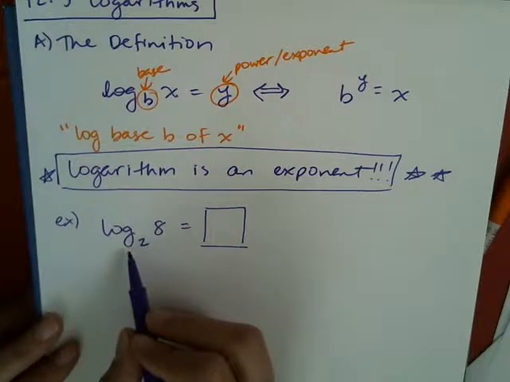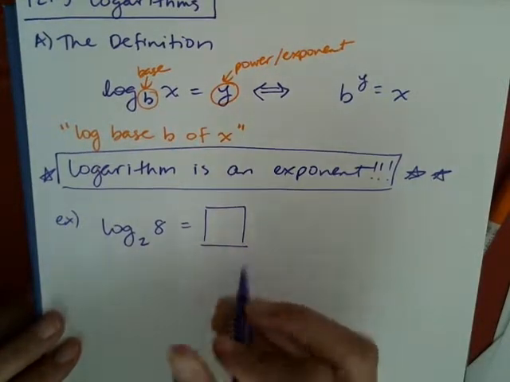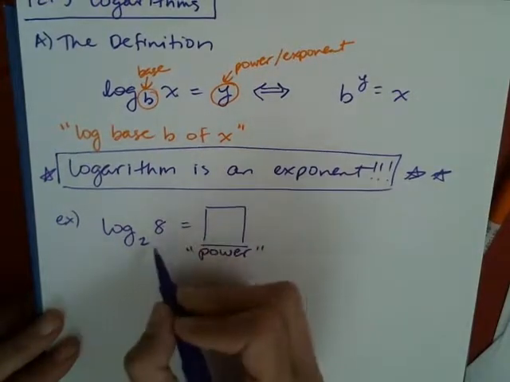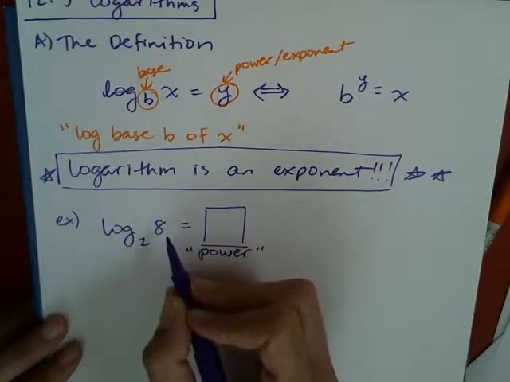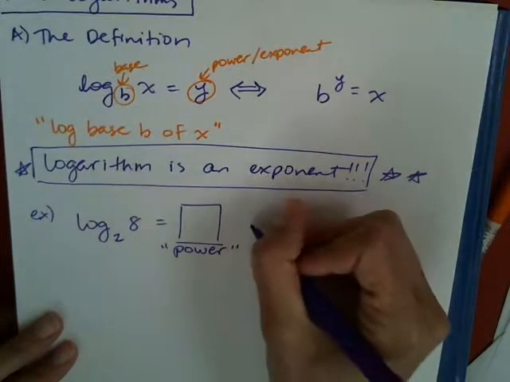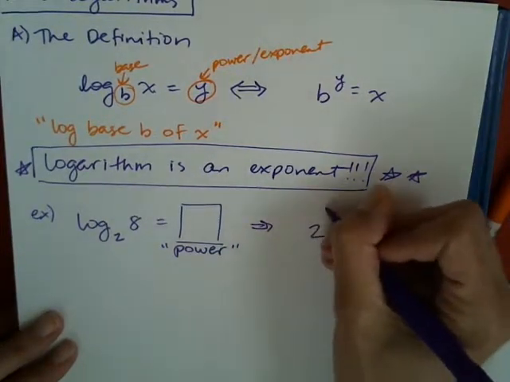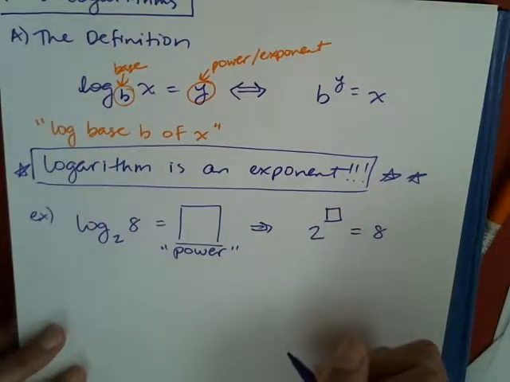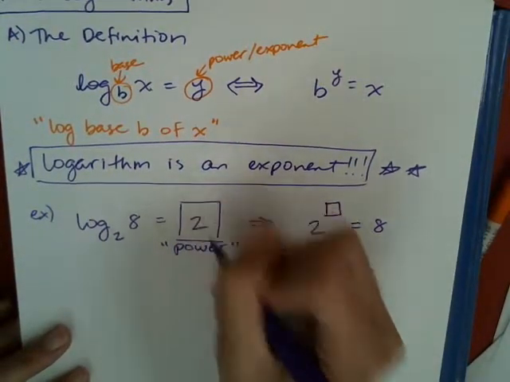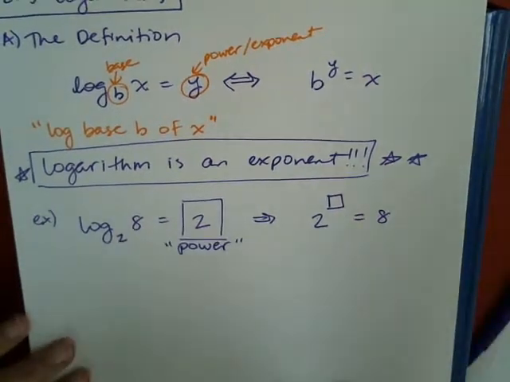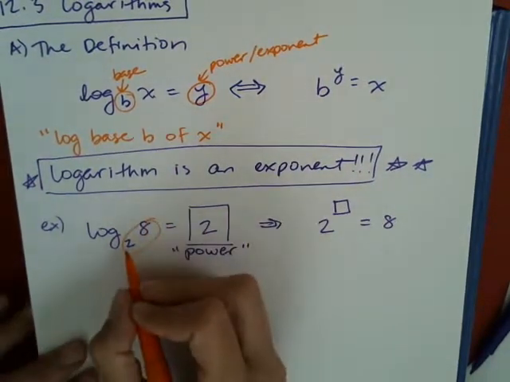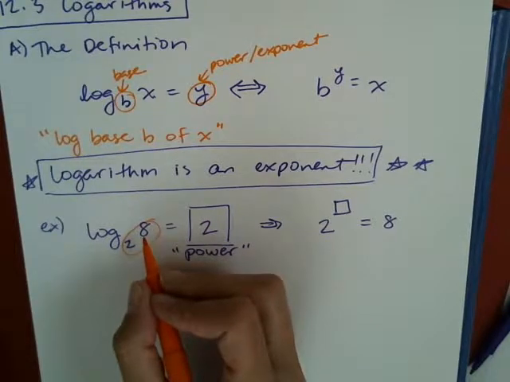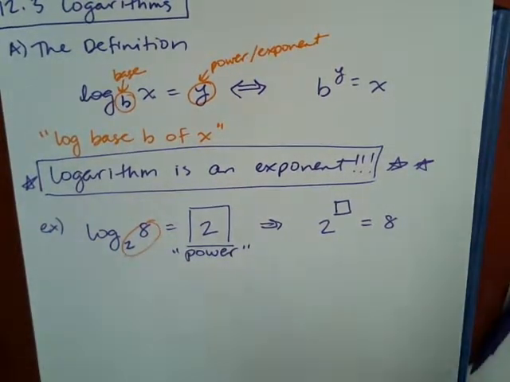The question is 2 to what power, because logarithms give us a power back. 2 to what power equals 8? The answer is 3. So the logarithm gives me the power that gets me from the base to this. It's called the argument, but you can also just call it the answer if you're thinking of it that way.